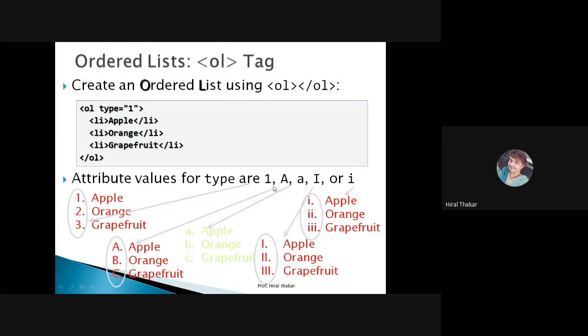This is not an object or anything. It can be 1. It can be capital A. It can be small a. It can be capital I. It can be small i. These are the possible values that I can write with type. You can use whatever you want. Are you getting me, Michelle? Yes, ma'am. Okay. See, if you write type equals 1, then the sequence will be 1, 2, 3. If you write A, then it will be A, B, C, right?